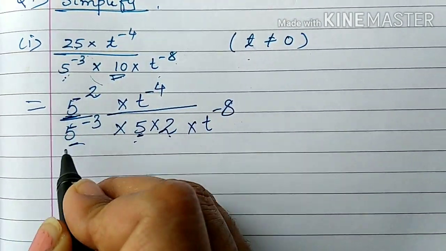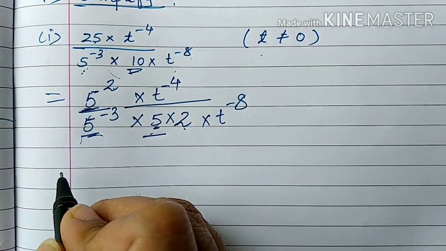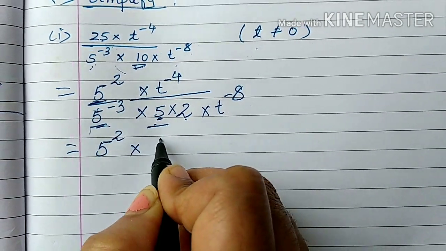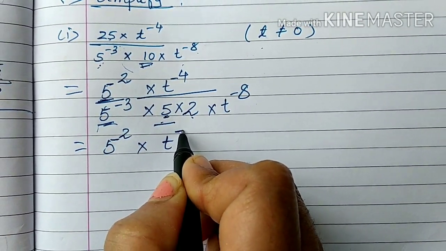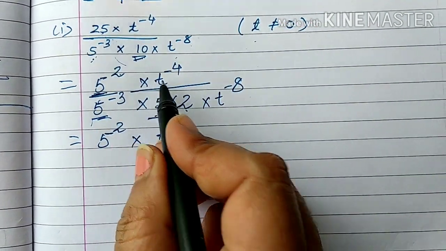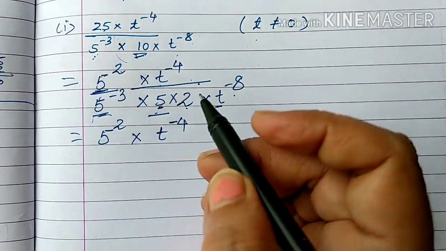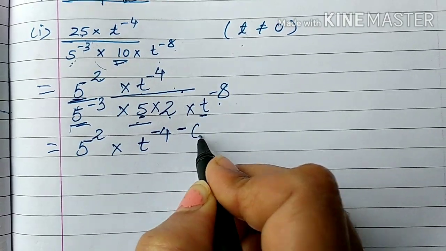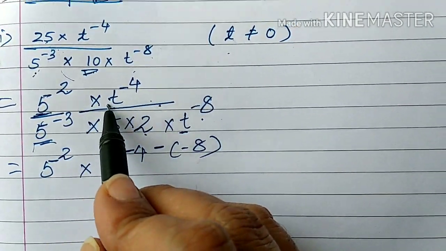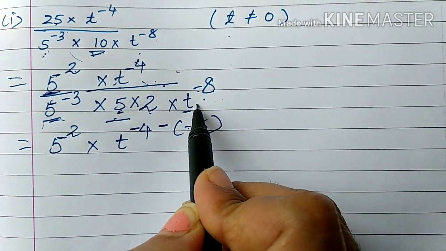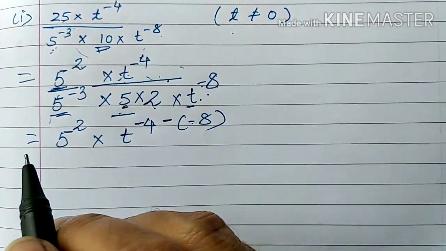Now I can take this 5 and this 5 together. First I will write 5 raised to 2 as it is, into t raised to minus 4 upon t raised to minus 8. Upon means division. So in division powers are subtracted: t raised to minus 4 minus minus 8 because it is in division. In division, if the base is the same, powers are subtracted.